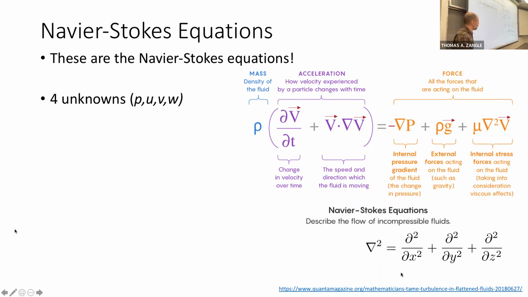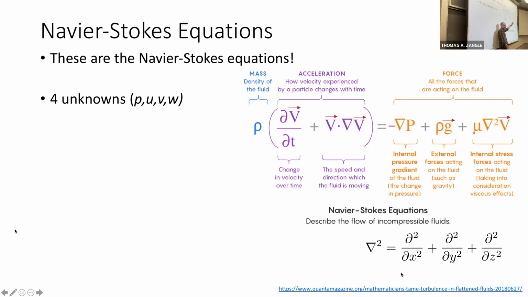And now remember, this is really three equations in one, because this is a vector equation. In three dimensions, we really have three components to worry about, x, y, and z. When we combine this with the continuity equation, del dot v is equal to 0, we have four total equations in the Navier-Stokes equations: momentum in x, y, and z, plus continuity.